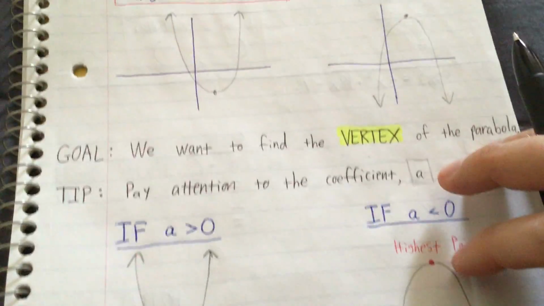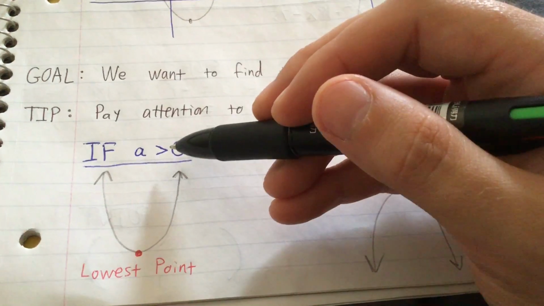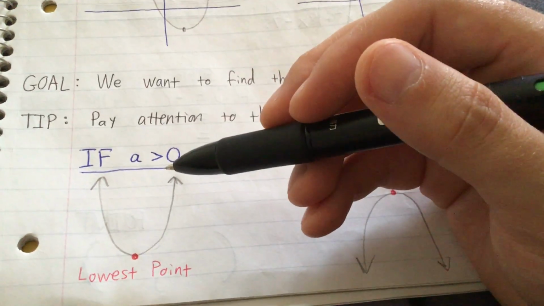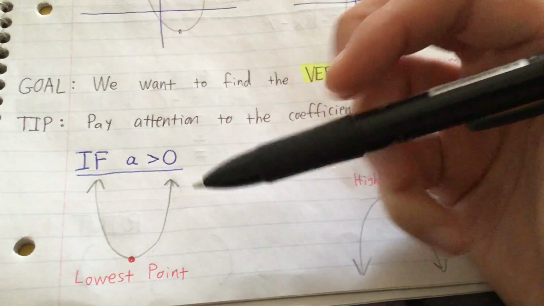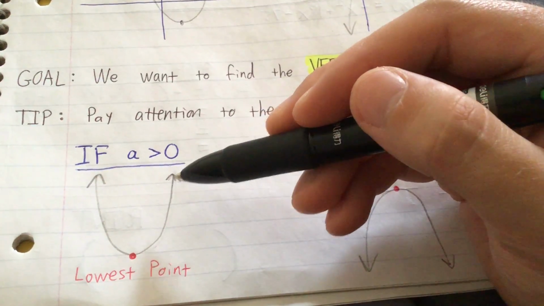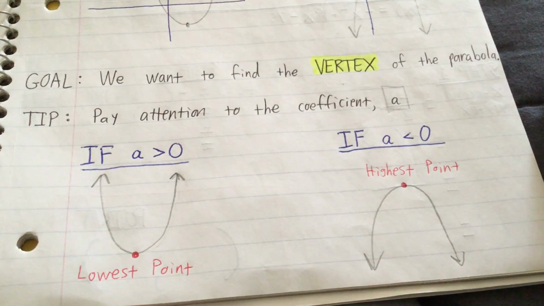So what tells us that in Algebra 2? Well, for quadratics, if a is positive, so +1, +2, +3, and so on, or even like +1/2, or 0.3, or 0.1, then it doesn't matter. It tells us that the vertex of that parabola is the lowest point.